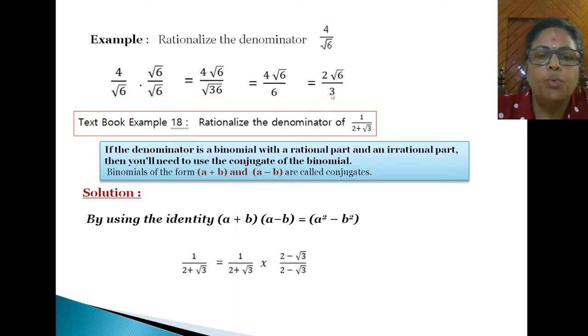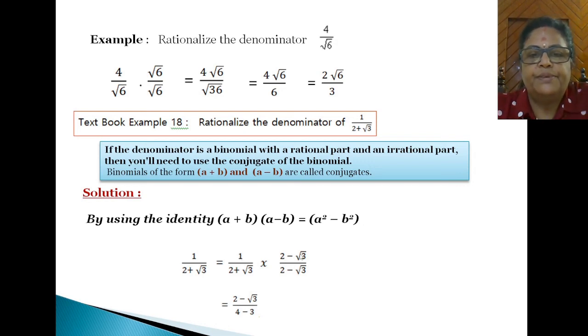So 1 by 2 plus root 3 is equal to 1 by 2 plus root 3 into 2 minus root 3 by 2 minus root 3. In the same way, we use the identity a plus b into a minus b is a squared minus b squared, so here 2 squared minus root 3 squared.